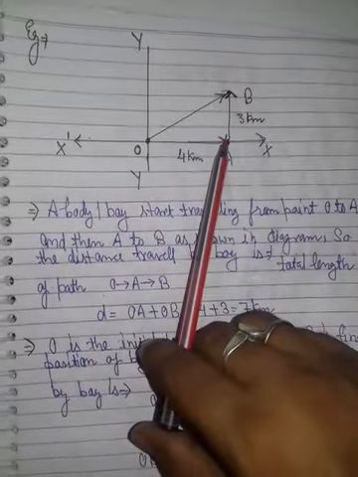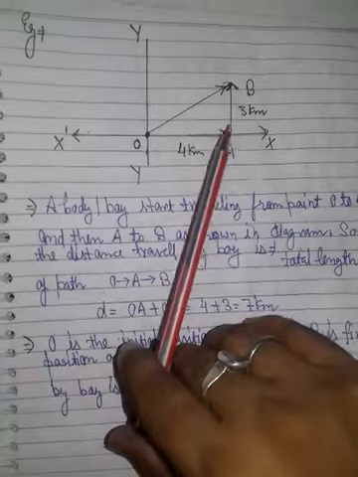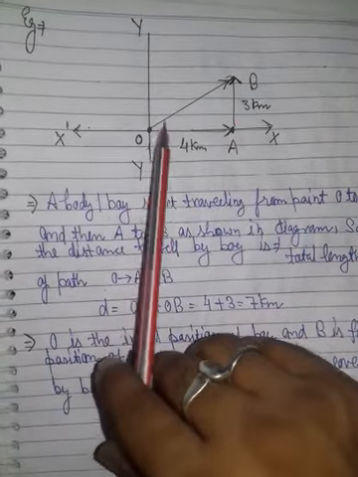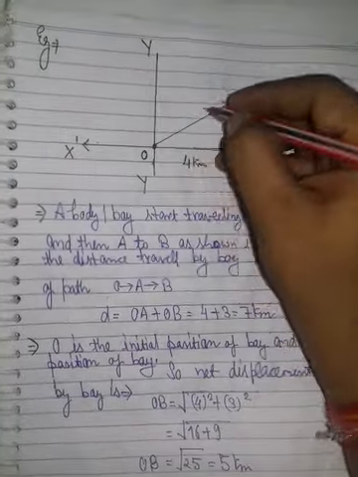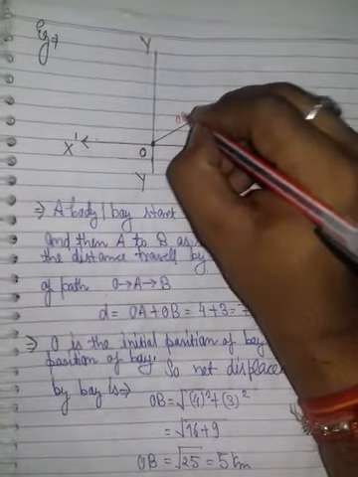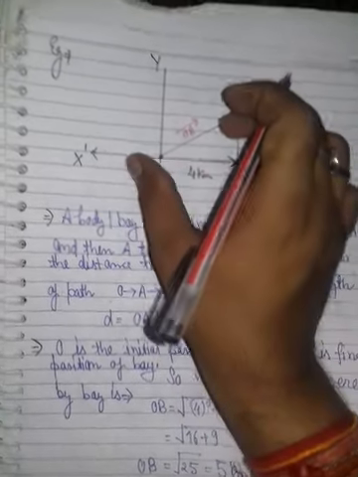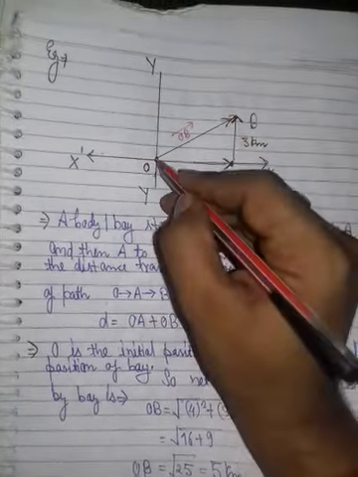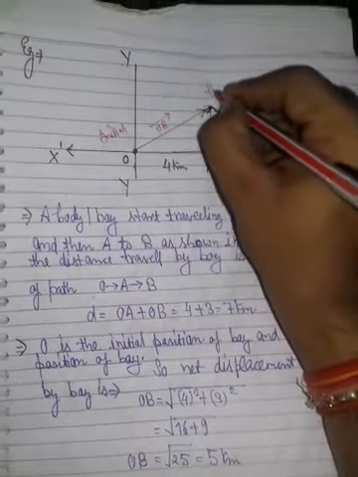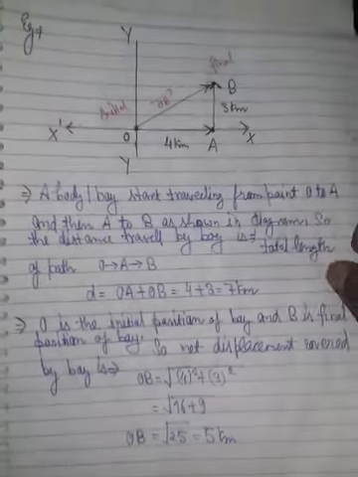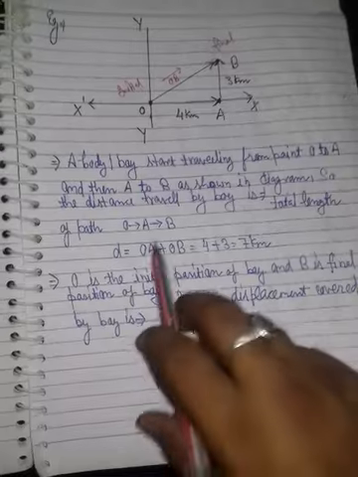But when we talk about displacement, from the definition, it is the shortest distance from the initial position to the final position. So OB is the displacement, which is the shortest distance between the initial point and the final point. It is a vector, so it follows the vector sum, not the algebraic sum.